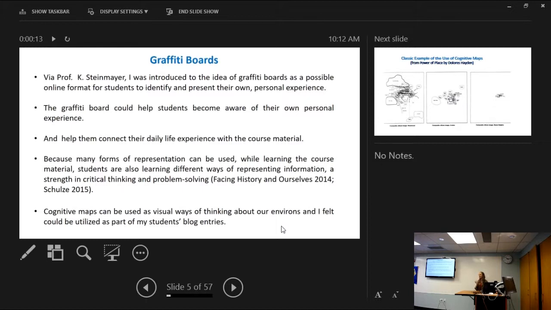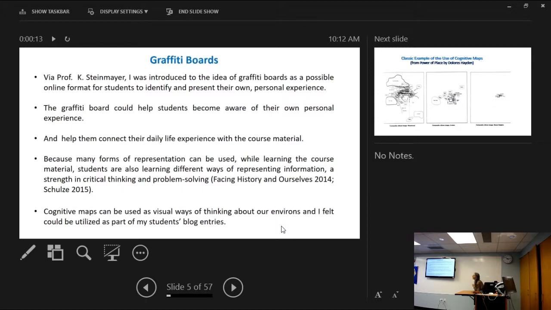Even when they're not that great a drawer, sometimes it's actually really surprising the quality of the work that emerges from the student. So again, the graffiti board is very visual, and my colleague, she's an environmental psychologist, so she's got a whole different way of looking at information than we scientists do.